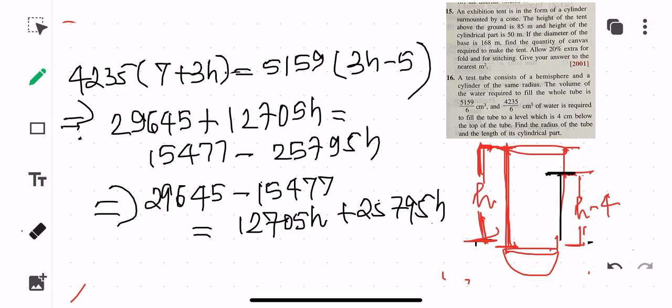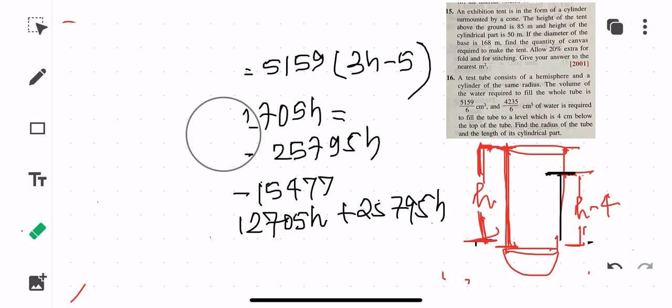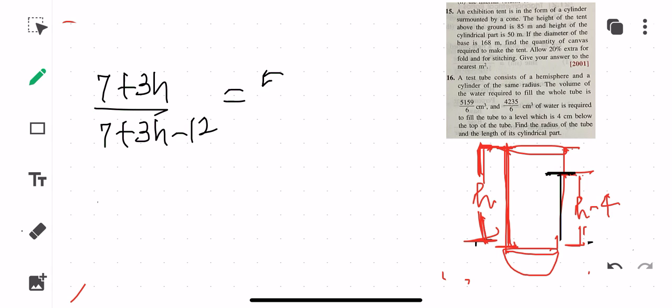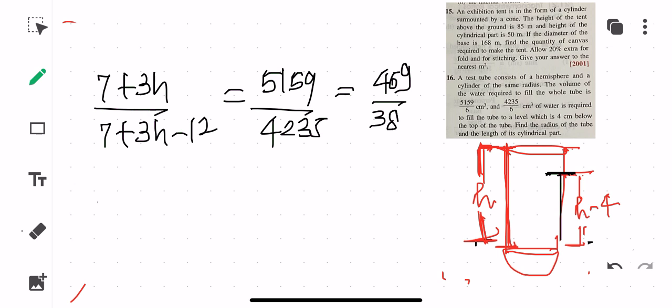So basically, children, if you just look into that particular equation again, that was 7 plus 3h divided by 7 plus 3h minus 12 is equal to 5159 divided by 4235. This upon reduction is giving me how much? This is giving me 469 divided by 385.